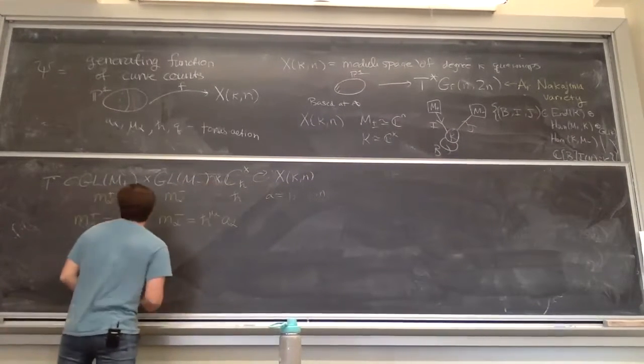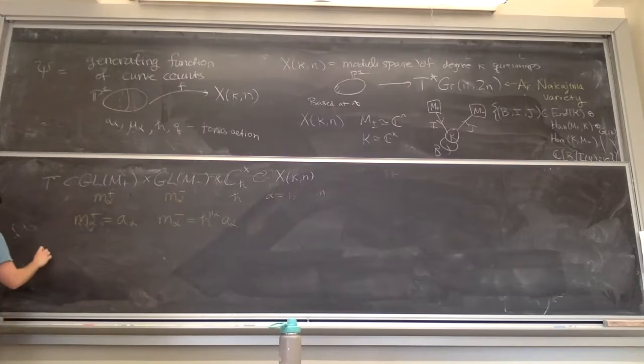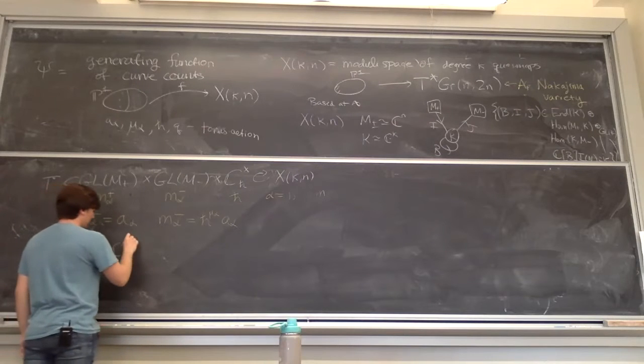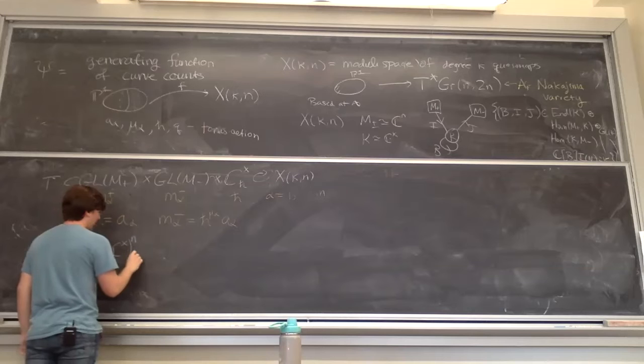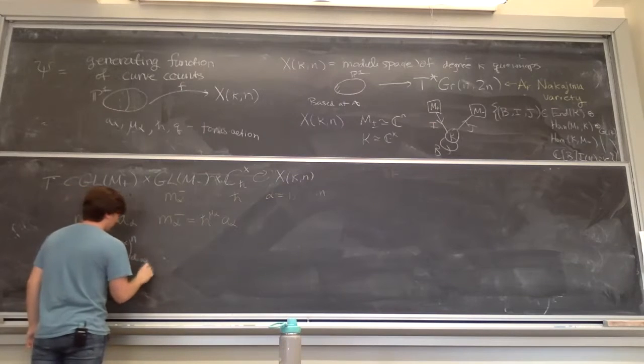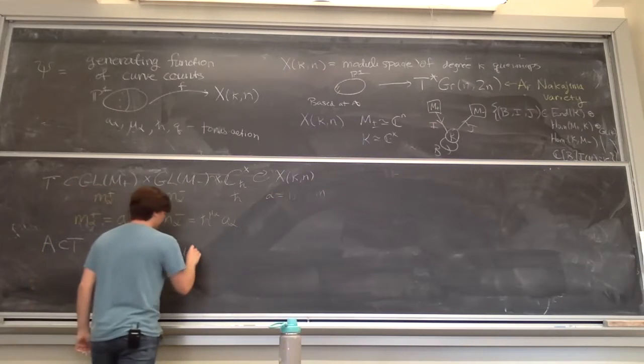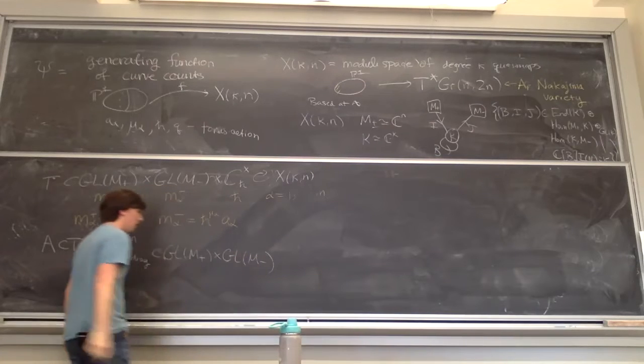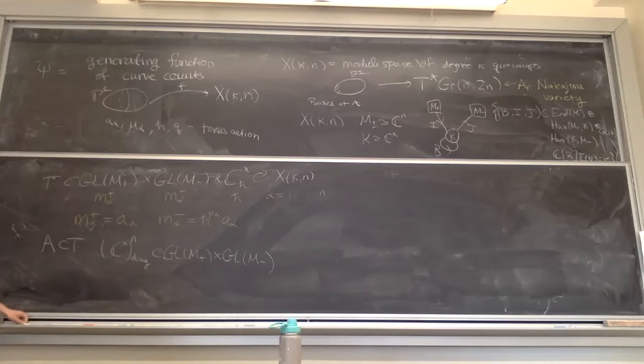And so associated to this, you get a distinguished subtorus A in here, which corresponds to the C star n diagonal side of the GLM. And this will be important later for stable M.